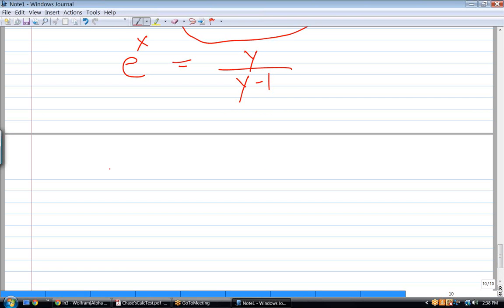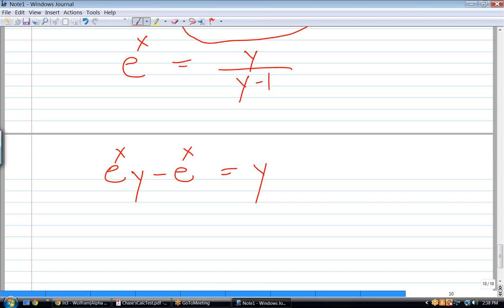I'm going to multiply e to the x times y minus e to the x times 1 equals y. Now what? How do I solve this equation for y?